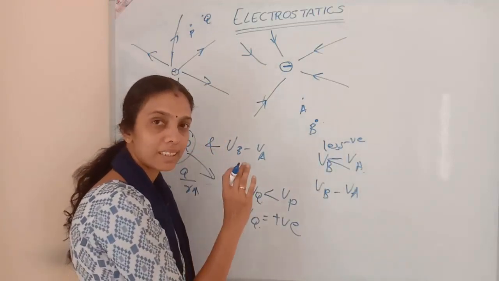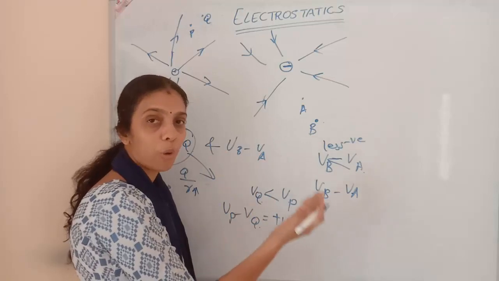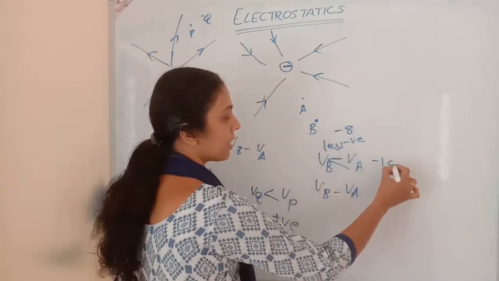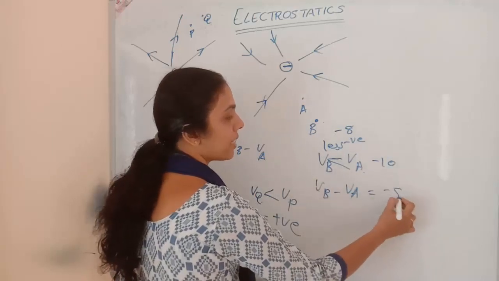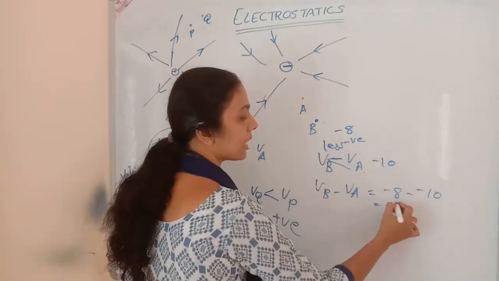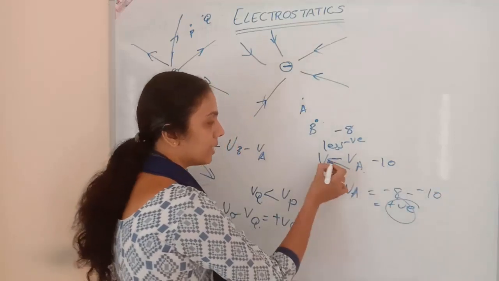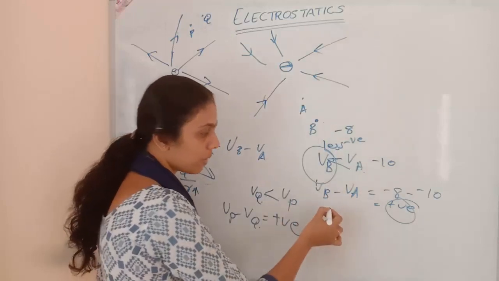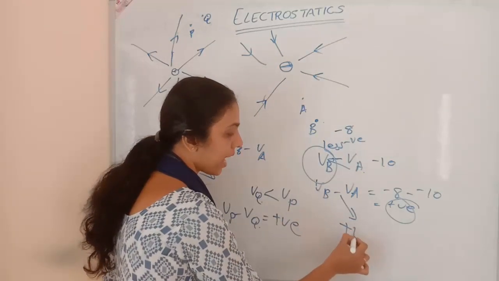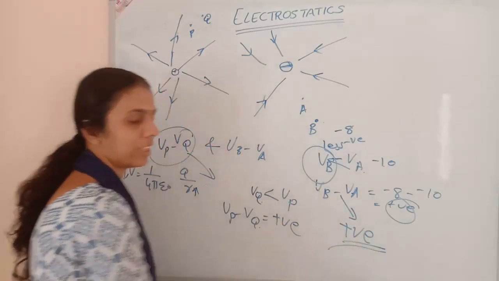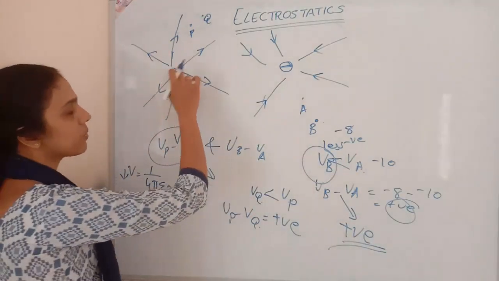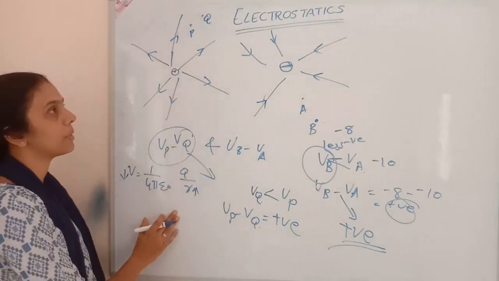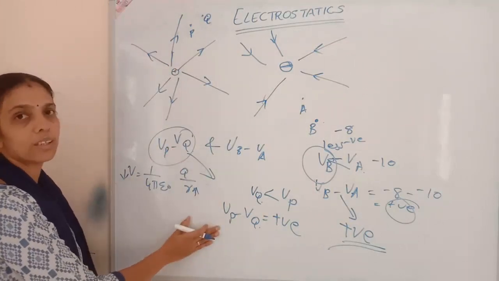So we are subtracting a higher value from a smaller one. Suppose it is less negative, minus 8, and here it is minus 10: minus 8 minus minus 10 gives a positive value, right? So since Vb is less negative and this is a negative charge, we get Vb minus Va as a positive value. Okay, clear? So you should understand this one here. The first part, Vp minus Vq, is easy.